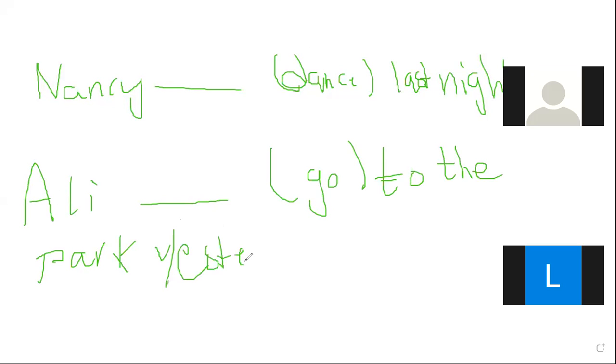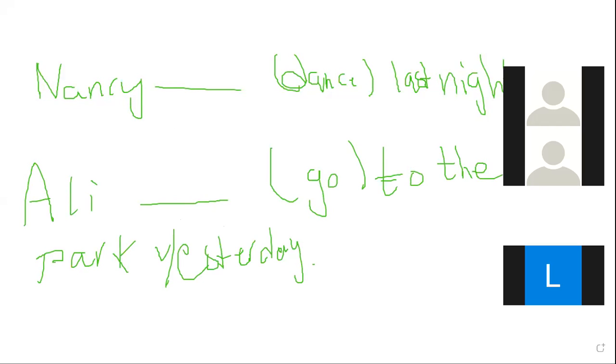Okay, guys. We want to put these verbs in the simple past tense. So what do I say, Nancy? Put the verb dance in the simple past tense. And as I said, you have to remember two things. When you want to put the verbs in the simple past tense, you have to remember if it's a regular or irregular verb. So dance, what does it become in the past?